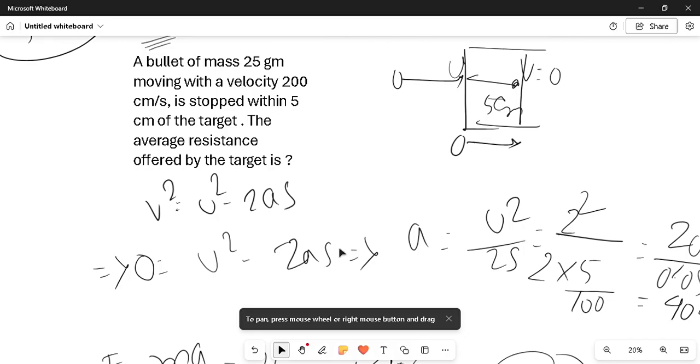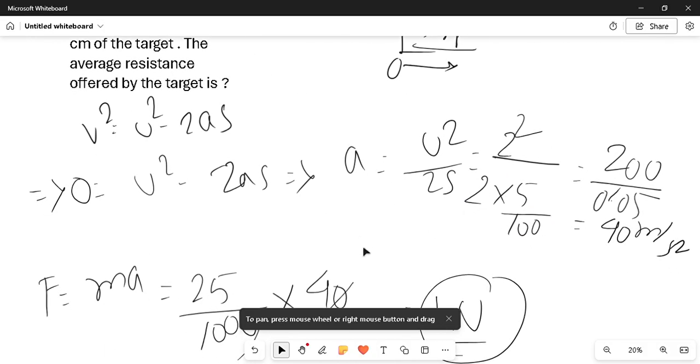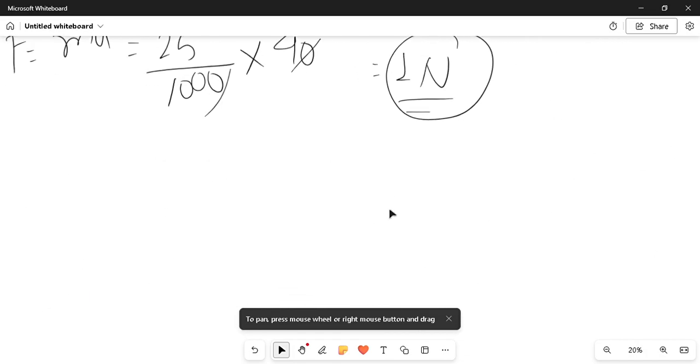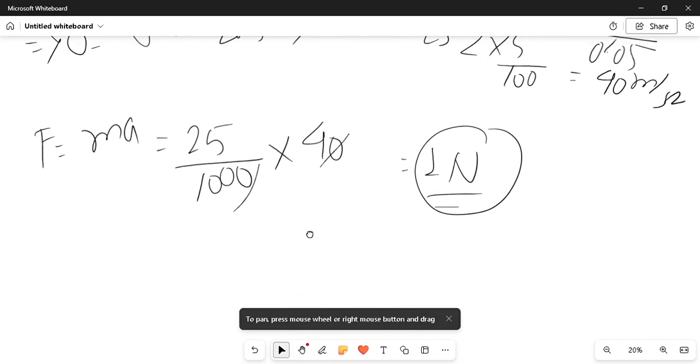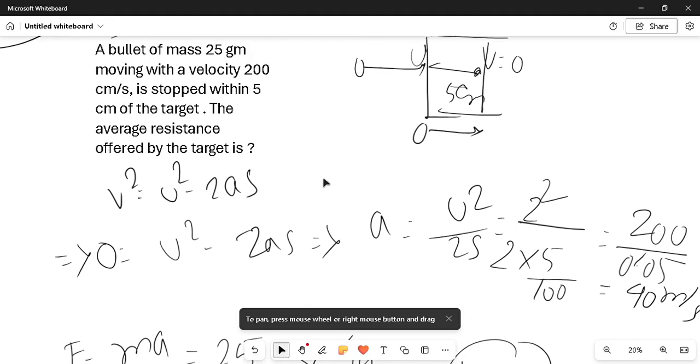Firstly, we find the deceleration of the bullet, up to 5 cm the bullet stops, and then we calculate the average resistance offered by the target, which is ma, where a is the deceleration. So I think no questions remain from the physics part of the WBJEE 2025 question paper.